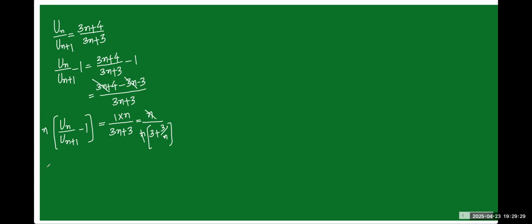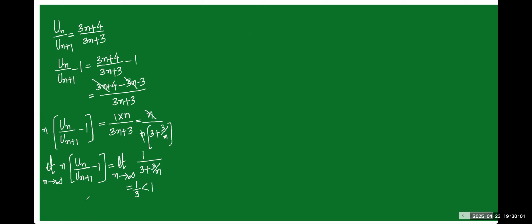Taking the limit, limit n tends to infinity, n times un by un plus 1 minus 1 value is equal to limit n tends to infinity, 1 by 3 plus 3 by n. So once we apply the limit, what are we getting? We are getting 1 by 3, which is less than 1.